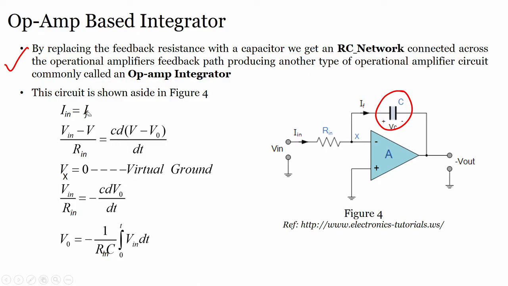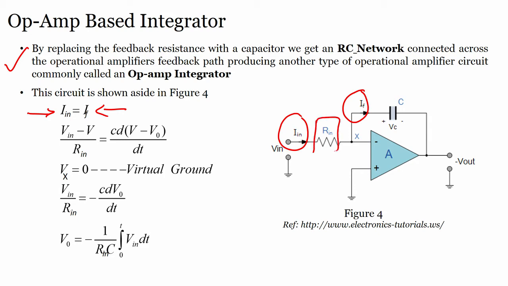Let us see I in and I f. I in is equal to I f, this is easy, right. Now, what is I in? You see you have resistor R in and voltage V in. So, what will be I?